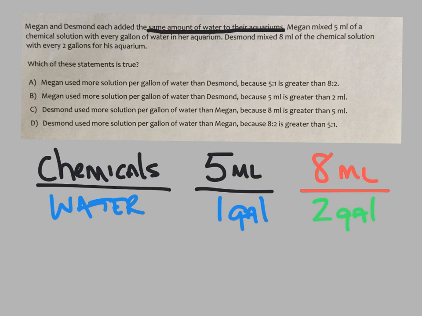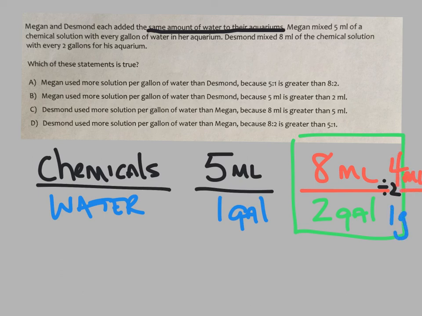Well, in fairness, for us to do a comparison, we need to simplify Desmond's ratio because 8 milliliters to 2 gallons can be simplified by dividing by 2, which means we would have 4 milliliters for each gallon.